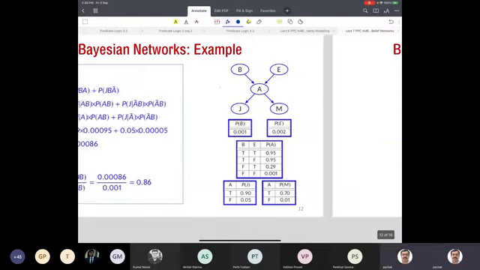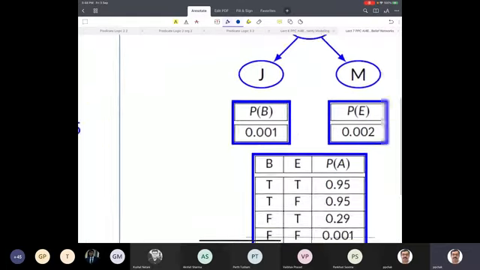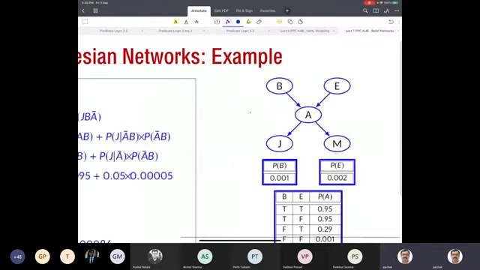Now let us do this inference. Let us try to find out P(J given B). How will I find P(J given B)? Prabhu? Yes, sir. How will I find P(J given B)?